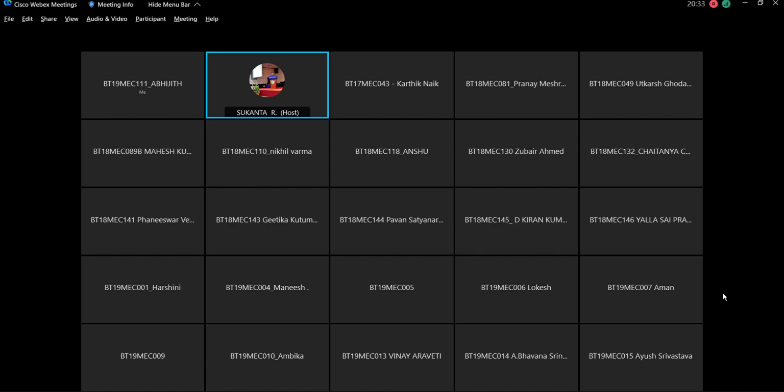Other than renewable sources, it will cover almost all the power plants related to our mechanical engineering.